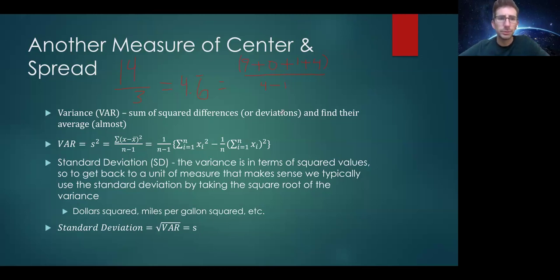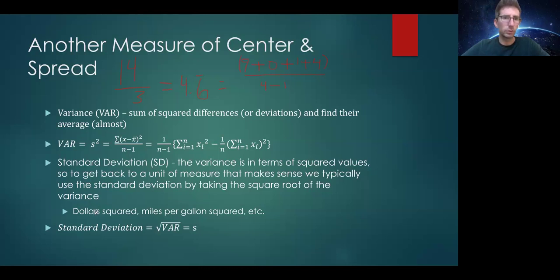So most of the time we're going to take the square root of our variance to calculate the standard deviation, just to get our units of measure to make sense.